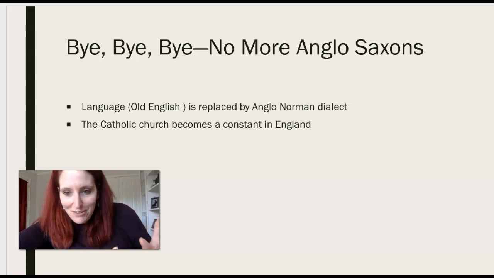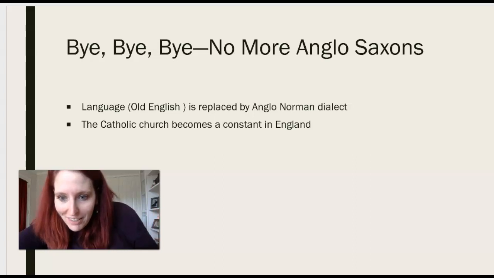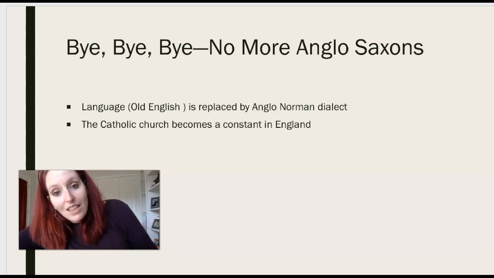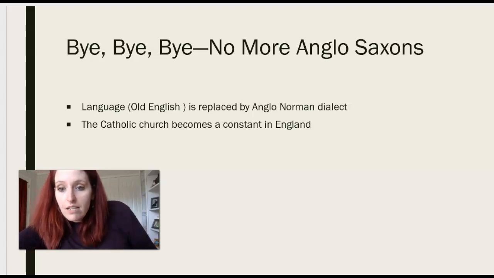But I'll tell you up front that Anglo-Saxon and Anglo-Norman English looks nothing like modern day English. So I'll be reading translations.